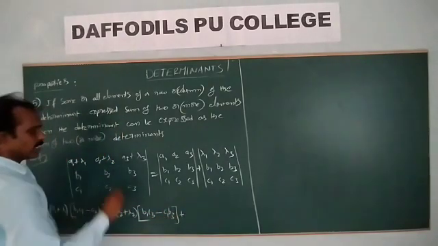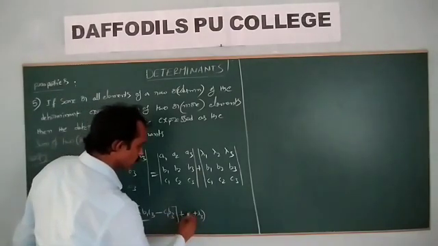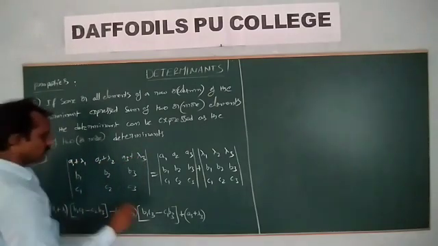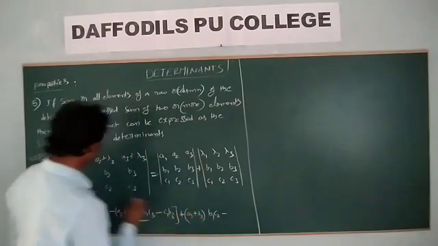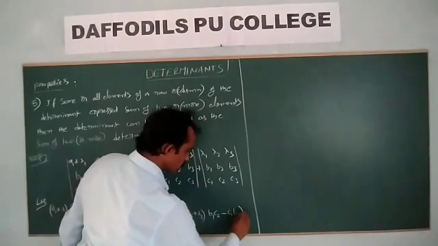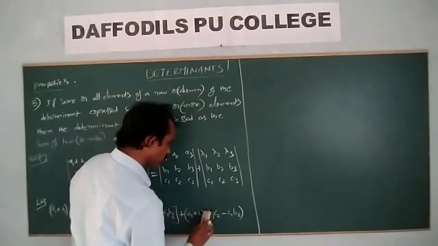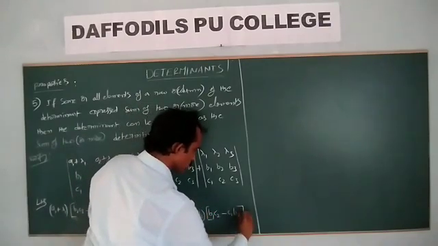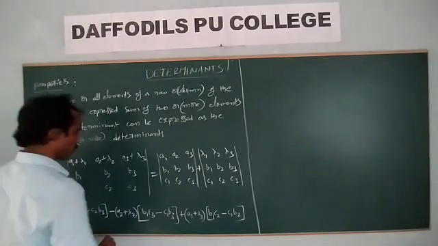Next, plus A3 plus lambda 3, of deleting this row and this column, B1 C2 minus C1 B2. Okay, we take a big bracket. This is the determinant. Okay, understood, students?